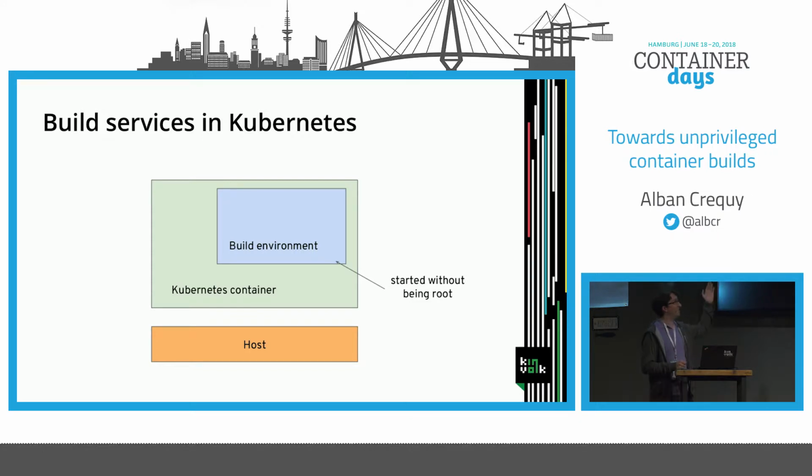This is something I would like to have. I would like to be able to build software in Kubernetes without having to tweak Kubernetes to add privilege. Basically, inside a Kubernetes container, inside a pod, you could just run commands there without a daemon, without being root, and without extra privileges.